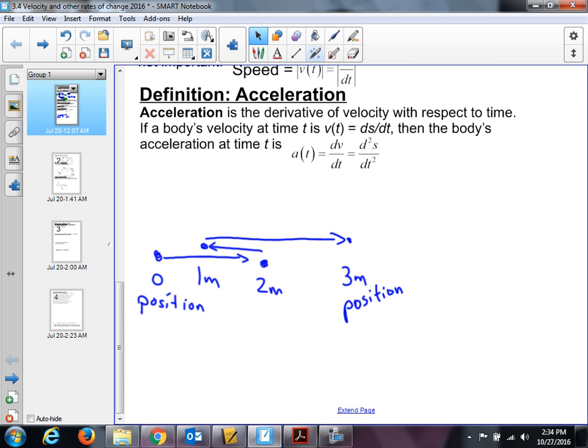What is my displacement here, if somebody who knows physics? Or if you don't, if you understand the word displacement. Jesse? It's 3. It's the actual movement. Now, displacement and position are often the same. If you start at 0, it is. If I started at 10 meters, and this is 11, and this is 12 and 13, my position would be 13 meters, but my displacement would still be 3 meters, right?